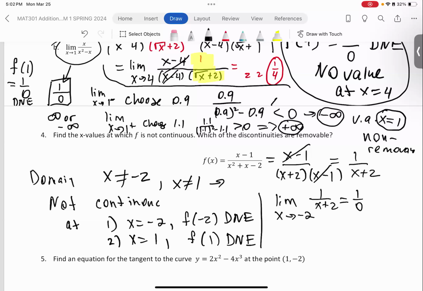But now 1 over 0 tells you that not only does the function not exist, we knew that from before, but now the limit is 1 over 0. It tells you that you encountered an asymptote. You know that there's a vertical asymptote at x equals -2. Why? Because of this concept of infinity, the infinite limit, approaching from the left, approaching from the right.